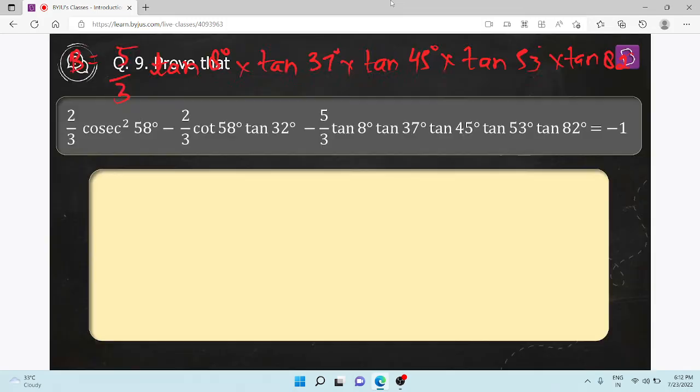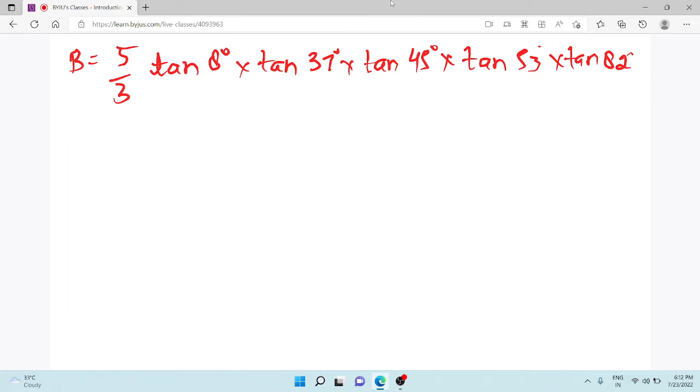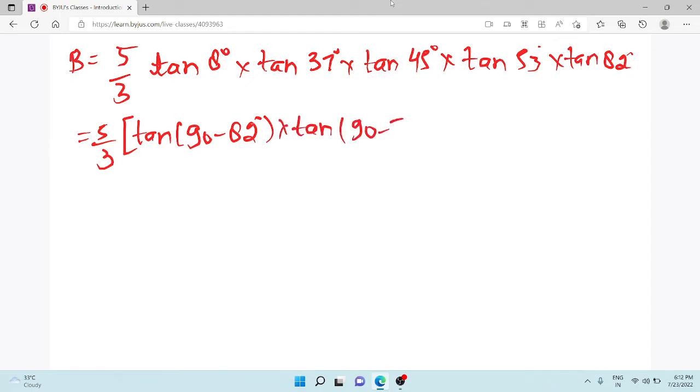So let's solve the second term now. We can write it as 5 by 3. We can write 8 degrees as 90 minus 82, and 37 as 90 minus 53. Tan 45 is 1, into tan 53 into tan 82.